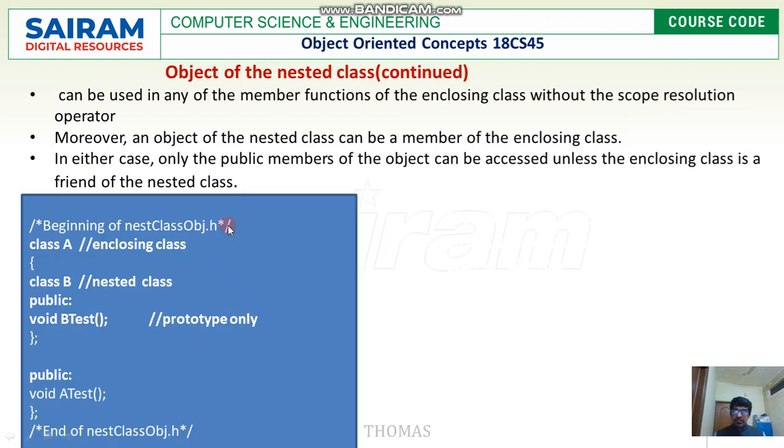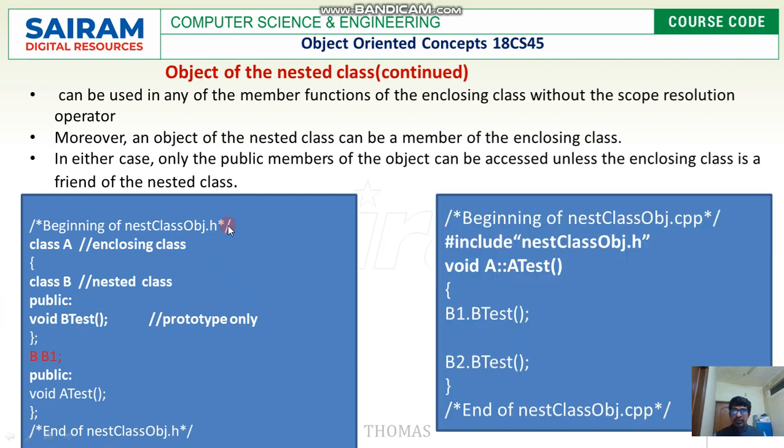So let us see the last point about object. You can see a class, we call it class A. We have another class called class B. Only public members of an object can be accessed unless the enclosing class is a friend of the nested class. Let us see the meaning of this.